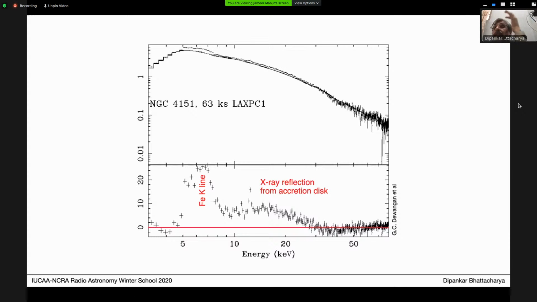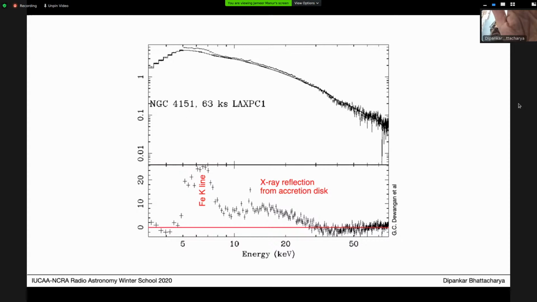So that's the iron K alpha line. It has an energy of about 6 keV, and the profile of this iron K alpha line can tell us about the Doppler shifts in the material that is producing it.